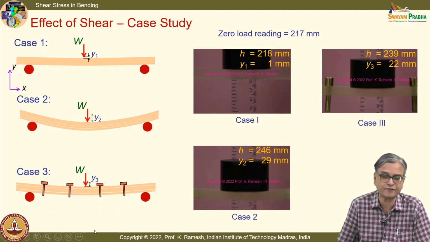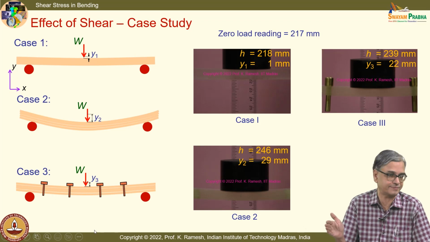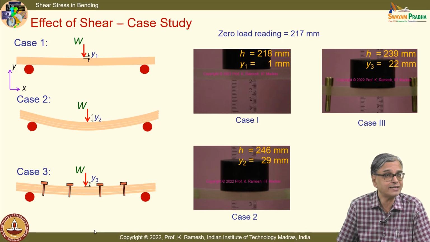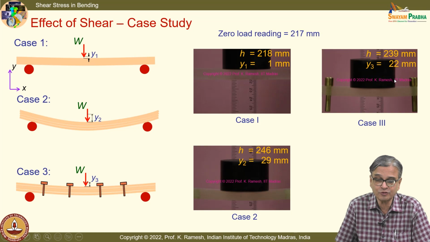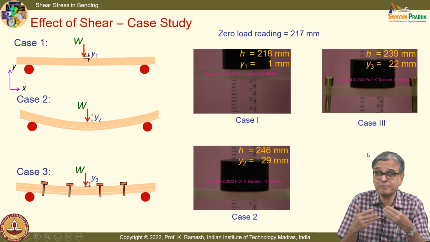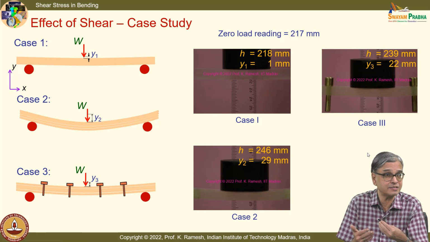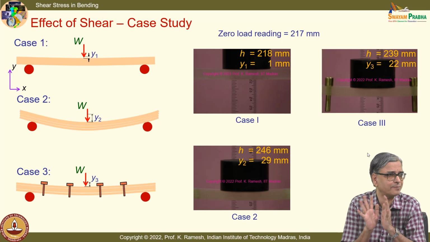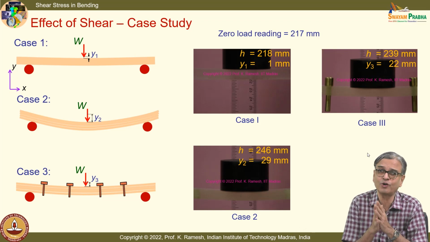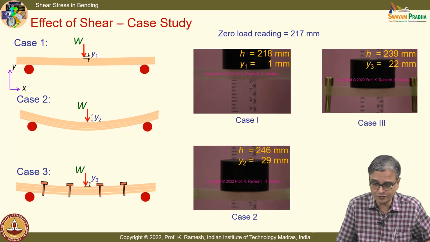Suppose I had put instead of 4, if I had put 10 pins, then what would you anticipate? This deflection would be still smaller. So the beam becomes and behaves more and more stiffer. So something is happening in the beam. So we'll have to find out, our interest is to find out what happens in this solid beam.